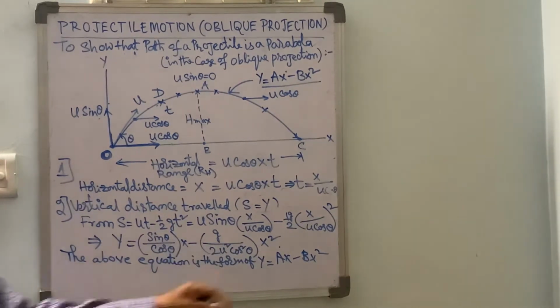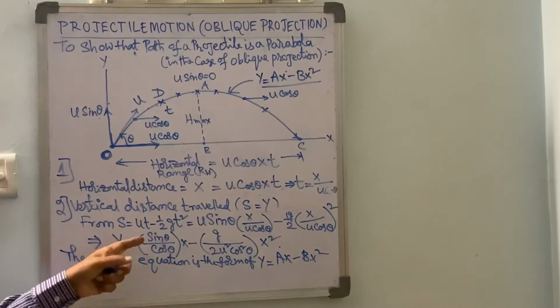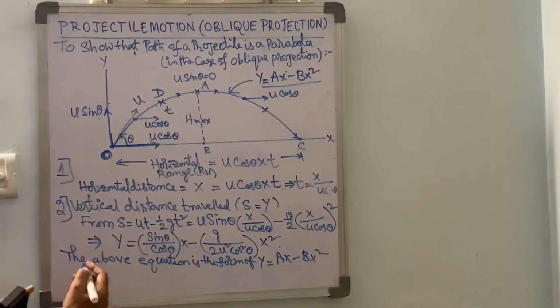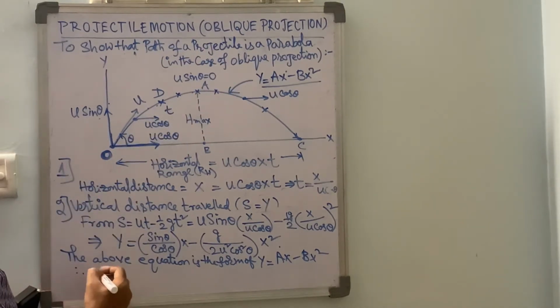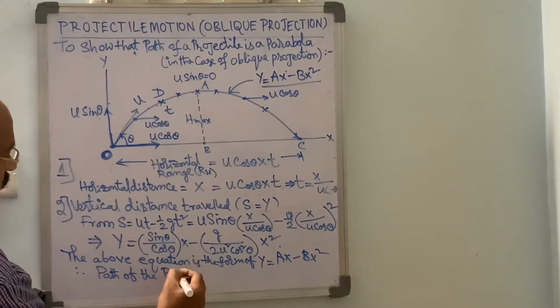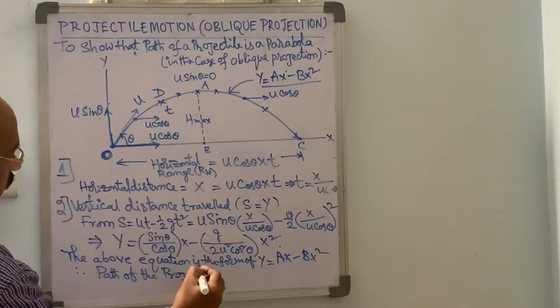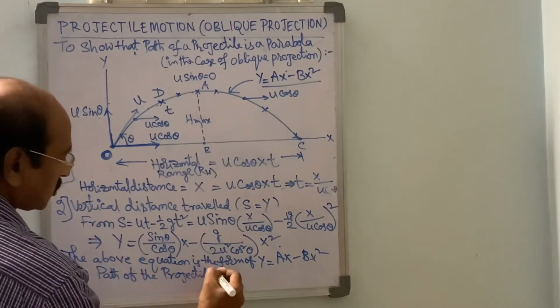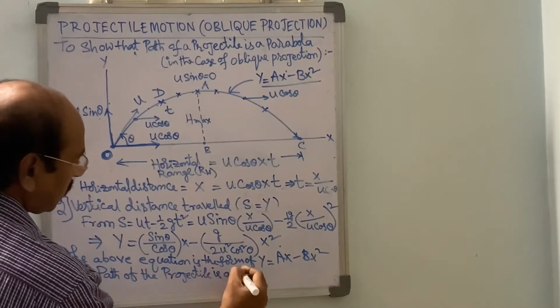A and b are constants. A value is equal to sin theta by cos theta. So therefore the path of the projectile is a parabola. So we can write that the path of the projectile is a parabola.